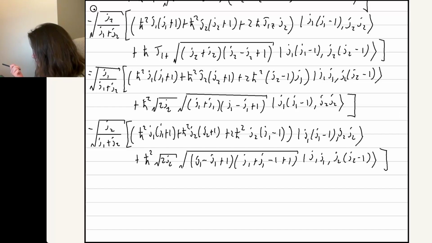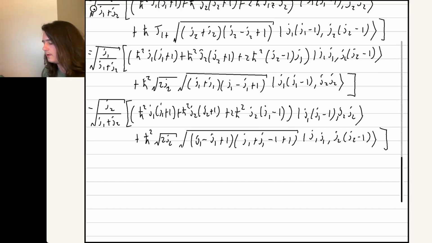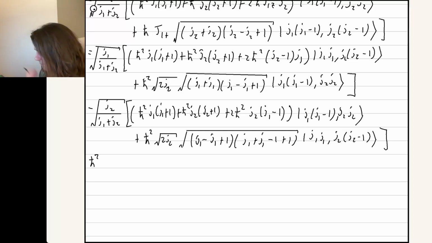So we've managed to regroup a lot of the different vectors. So we're going to have to group them together again to get our simplified form. Everything has a factor of h bar squared. Just going to pull that out. And so let's look at the stuff that is multiplied by the |J1, J1, J2, J2 minus 1⟩ stuff first.